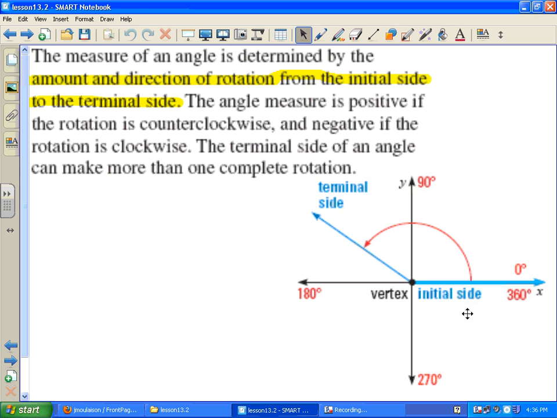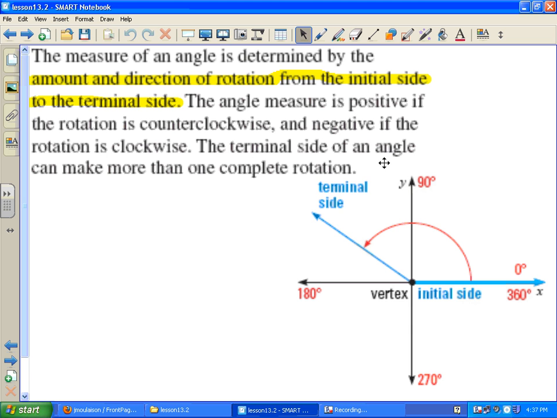So for example, when I look at this angle again, I've got the initial side here at the positive x-axis. Vertex is the origin. Here's my terminal side. So that's an angle in standard position. The arrow indicates the rotation, and that arrow is indicating a counterclockwise rotation. The angle measure is positive if the rotation is counterclockwise. So this angle measure would be a positive value.